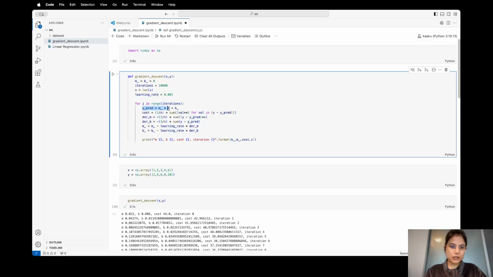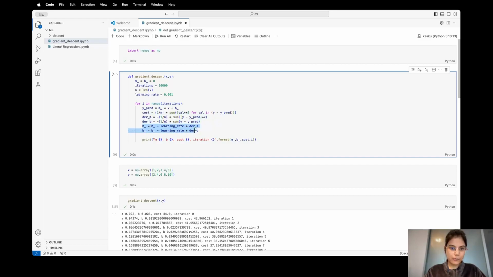This is my model, y predicted equals m into x plus b. Then this is my cost function, which is 1 by n into the summation of the squared values of y minus y predicted. And this is the derivative of m, and this is the derivative of b.